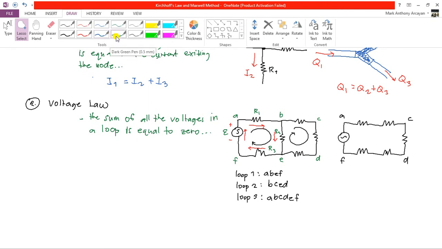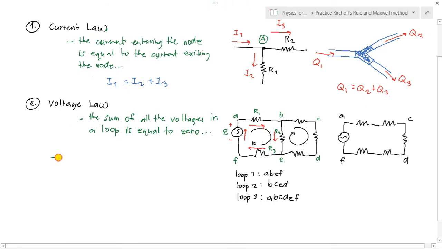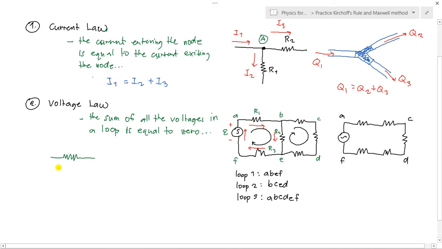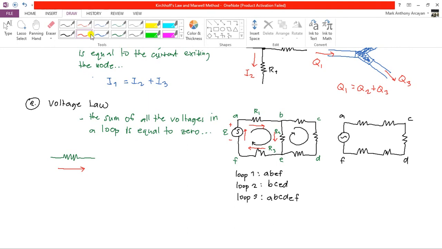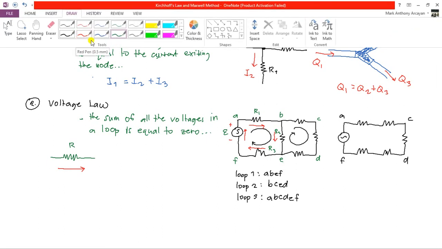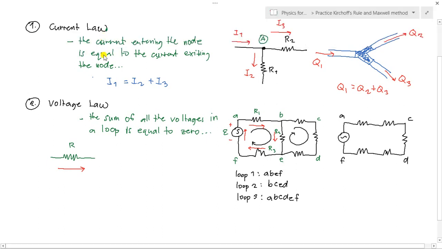Now, in order to analyze any devices, let's say we have a resistor. All the time, class, if you encounter a resistor, automatically, what is the indication if our current encounters a resistor? It means it has an effect on the voltage. Right? That is why your battery weakens, because it is consumed by the device. So therefore the voltage of this is negative V.